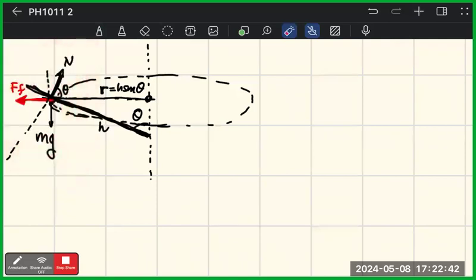But the only way that this bead is in a stable condition, not moving, is that the projection of this mg to the direction of the pole equals the projection of the fictitious force to the pole also, because they oppose each other, right? So it has to be the same.